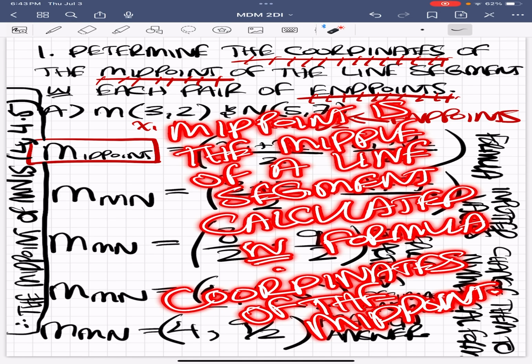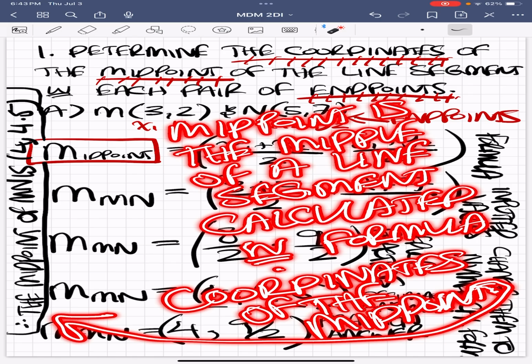There you go. So the midpoint is the middle of a line segment, and it's calculated with this formula, and the coordinates of the midpoint are what we are solving for, and that's why our therefore statement says the midpoint of the line segment being 4, 4.5, and that's our answer.